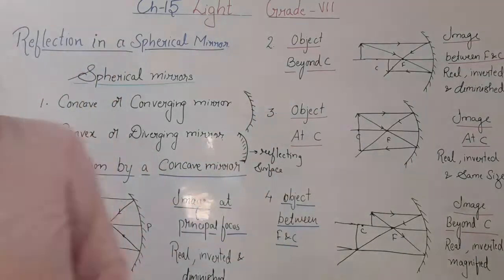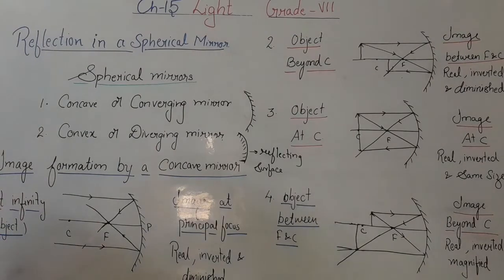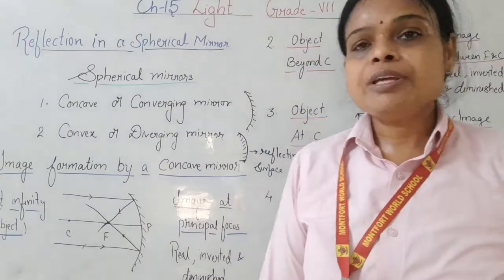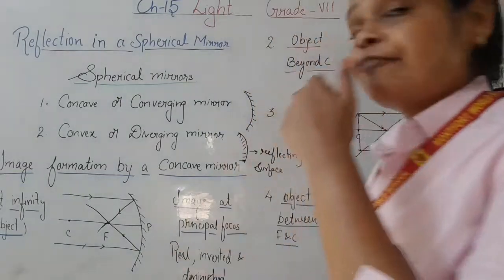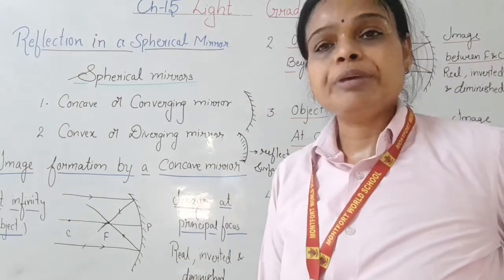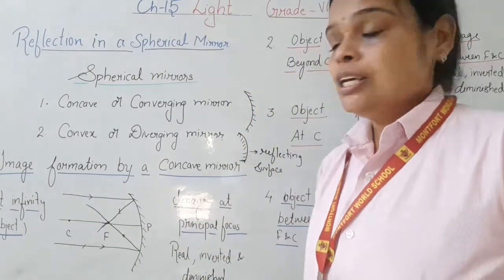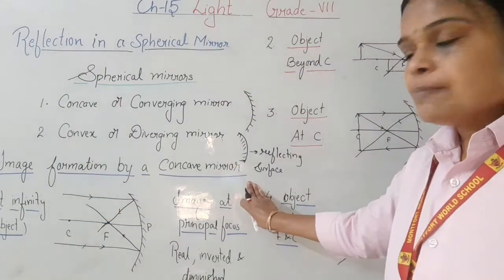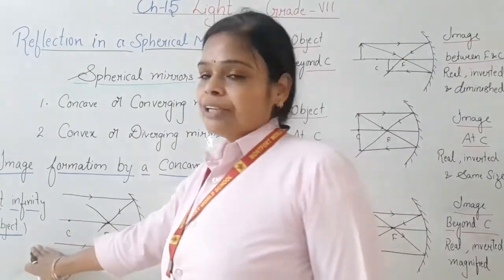Now, what is the image formation by the concave mirror? If we keep the object at different places, different kinds of image of that object are formed. Suppose an object is present at infinity.